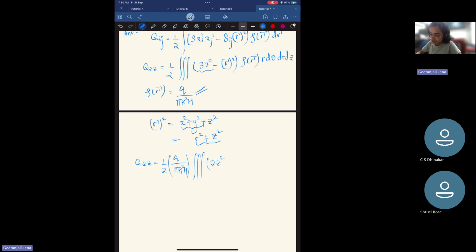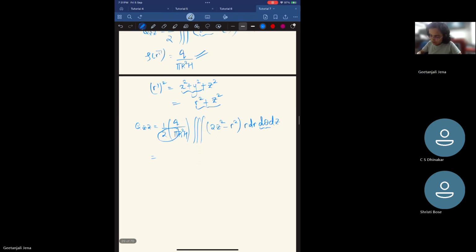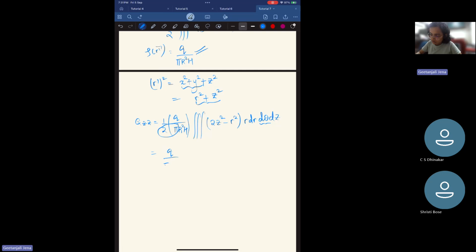So this will give 2z squared minus r squared, times r dr dθ dz. So dθ will give 2 pi, and this 2 pi will cancel with the 2 pi here. So we have Q by 2 R squared H, integration of 2 z squared r minus r cubed, dr dz.